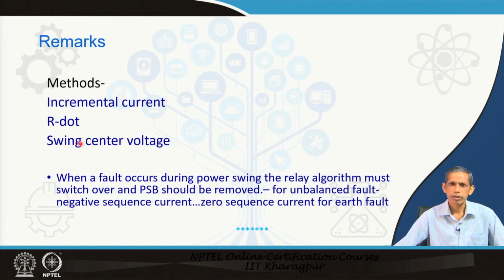The derivative gives information on whether it is a swing or a fault, and in supplement with the swing center voltage it decides whether it is a stable or unstable swing. However, we learned many techniques to distinguish swing from fault for power swing blocking.